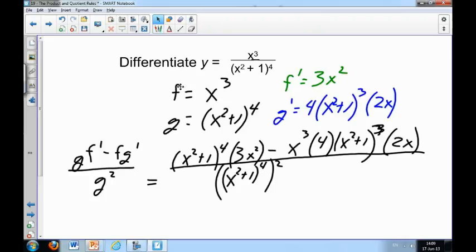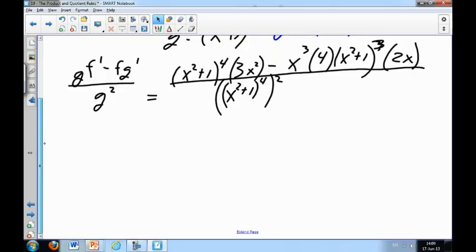I'm going to move the board up so I can continue writing. Now, when we look at this, we say, wow, what do we have here? Well, one of the things we can factor out is an x squared. With the x's, there's an x cubed and an x over here, so it's x to the fourth.